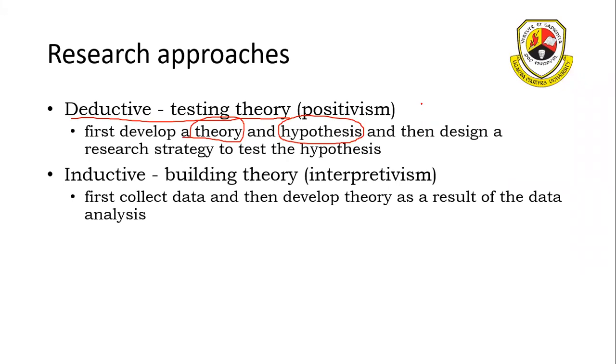ICT people will develop a system, an application, whatever it is. They'll put it in a context, and people either use it or they don't. People may choose to adopt it. So different people have developed theories on why and how people adopt systems.